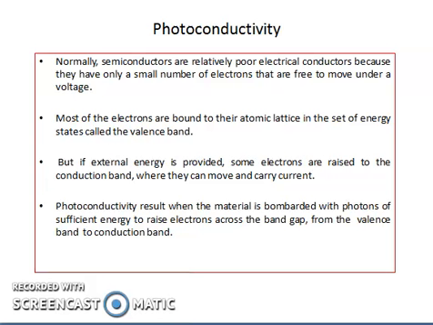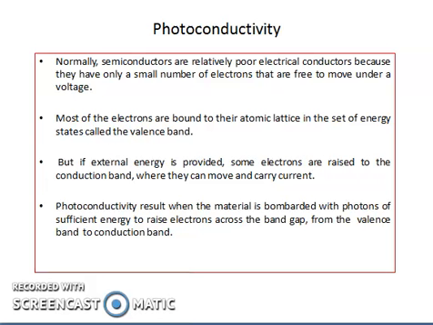But if external energy is provided, some electrons are raised to the conduction band where they can move and carry current. So photoconductivity results when the material is bombarded with photons of sufficient energy to raise the electrons across the band gap, that is from the valence band to the conduction band.